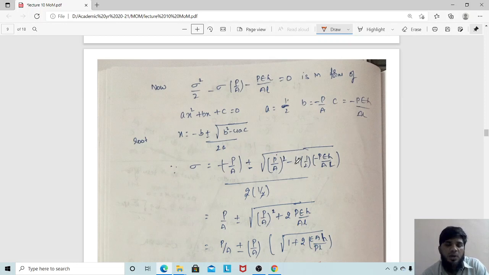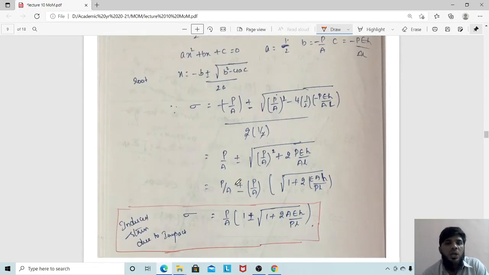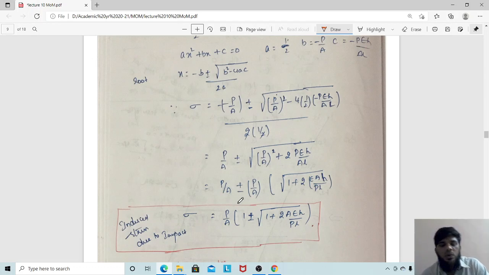I am inserting all these a, b, c values in the generalized formula. With that you get the answer for sigma as P by A into 1 plus under root of 1 plus 2AEH by PL.